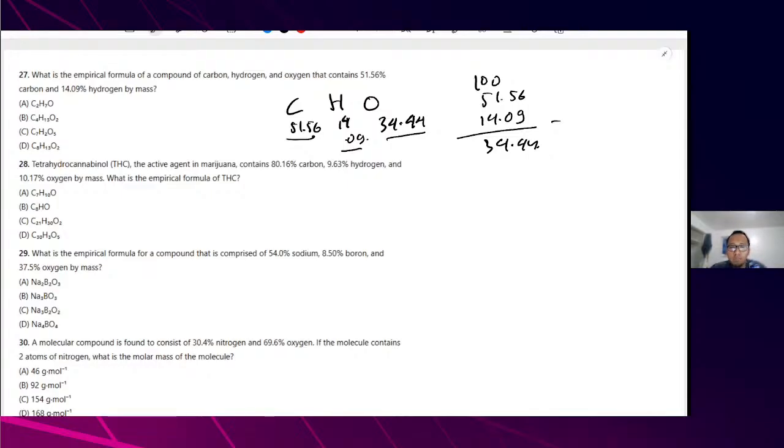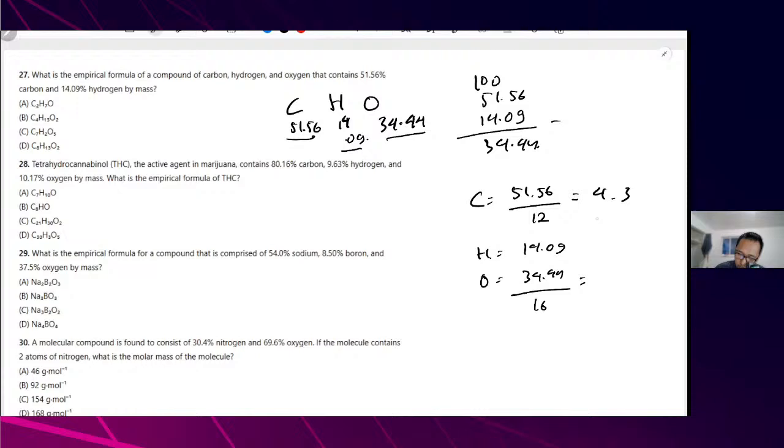How to do this calculation is pretty easy. Just do the calculation for C, grams per Mr. So 51.56 divided by 12, and then H is the same, 14.09, and then for O, 34.44 over 16. 51.56 divided by 12, the answer should be around 4.3 probably.